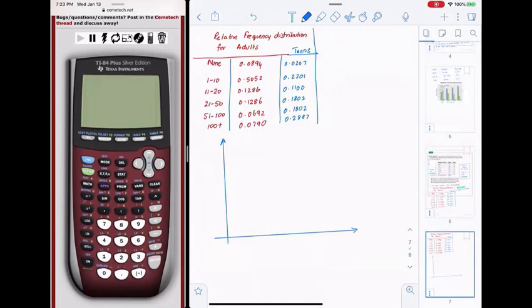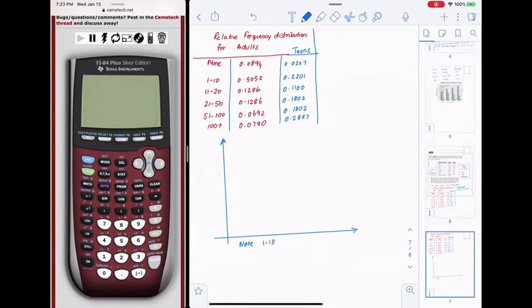In practice, we're not going to do this manually. Most statistical software will give you the graph easily, but we're doing this right here so that we can understand the concept. That is all.